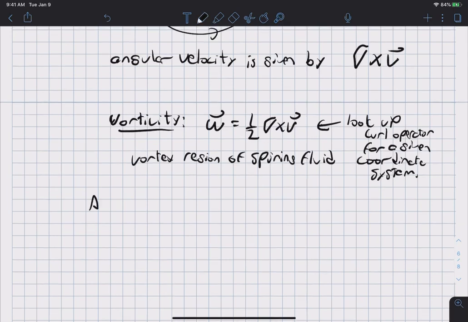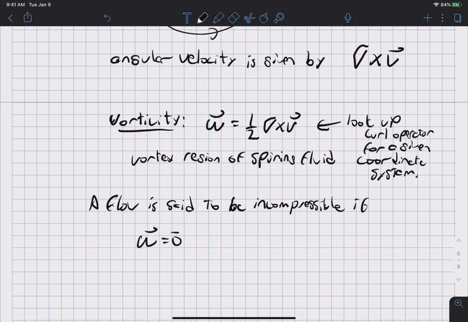Okay, and just note that a flow, I should say, not a fluid, is said to be irrotational if omega, the vorticity, is equal to the zero vector, which implies that the curl of the velocity vector is equal to the zero vector.